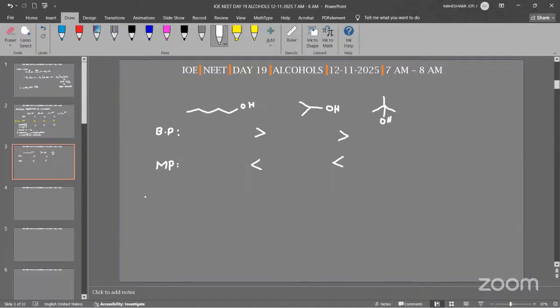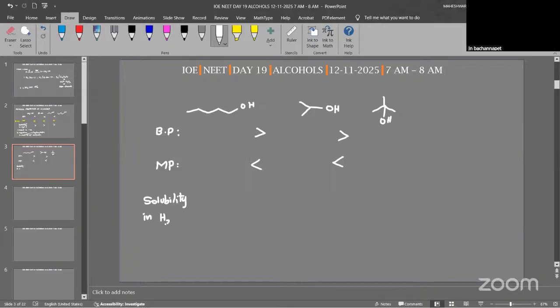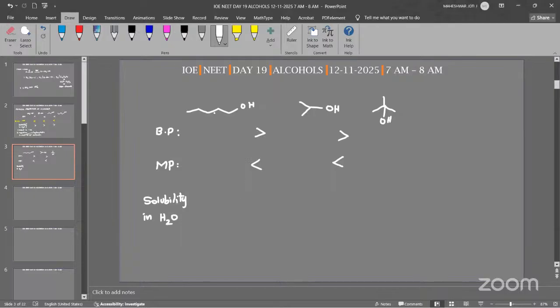Now, solubility in water. See, here five carbons are in the form of a straight chain. Carbon chain is hydrophobic, right?